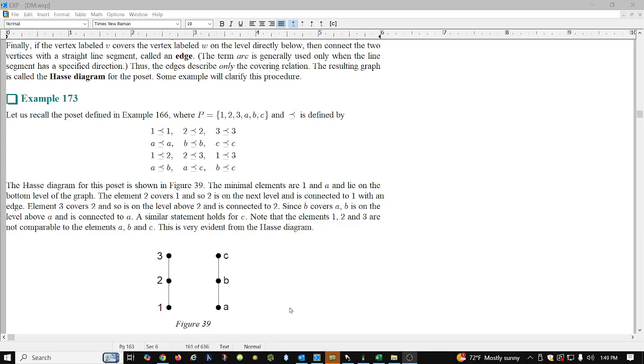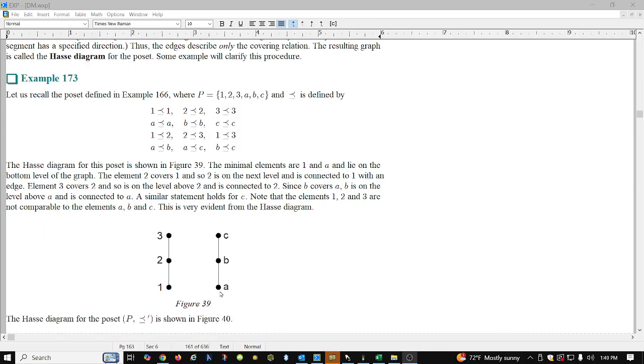Now we scan the list again, the elements of P, and we look for elements that cover either 1 or A. Well, 2 covers 1. 2 is bigger than or equal to 1, but there's nothing in between. So we place 2 on a second level, and we draw this edge that indicates a covering.